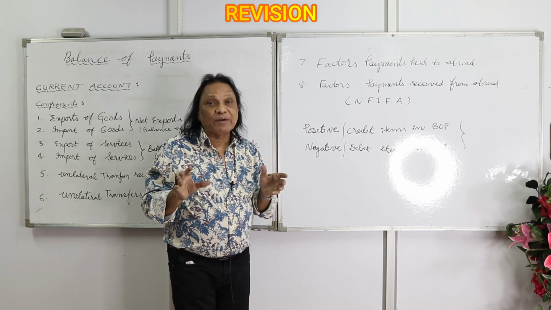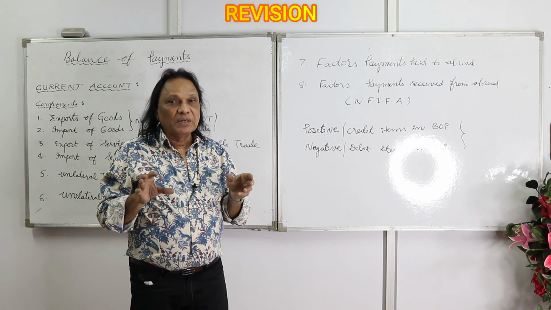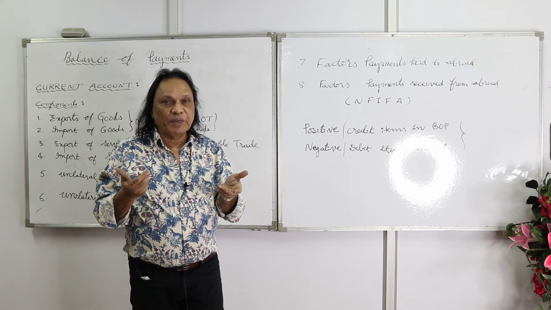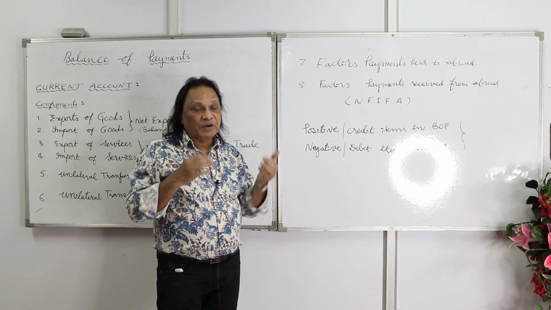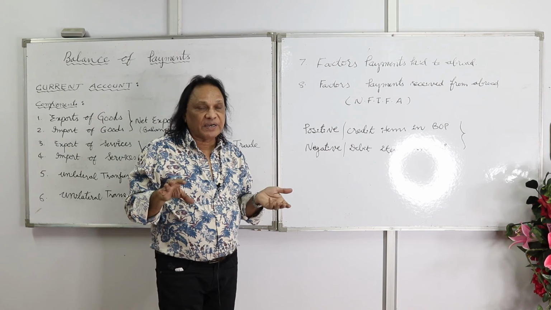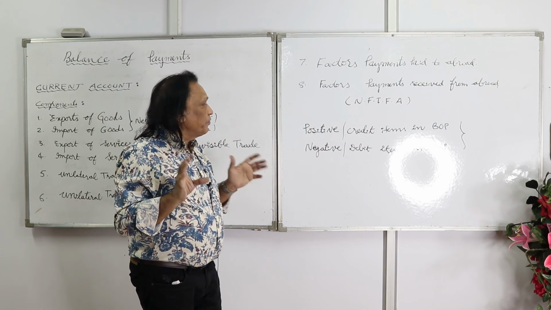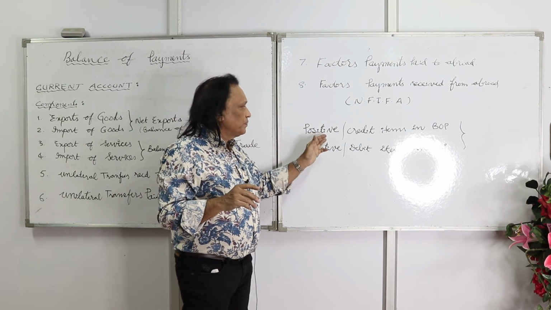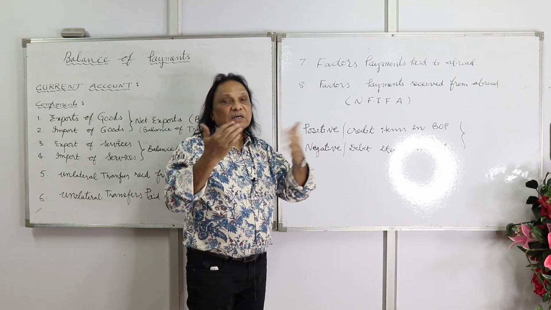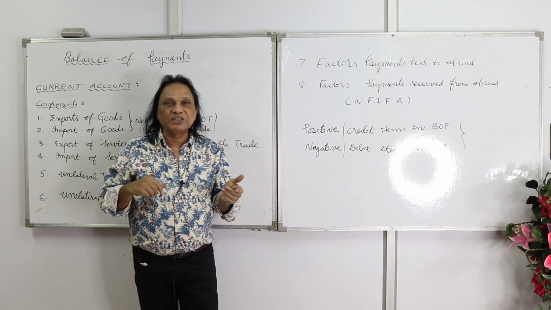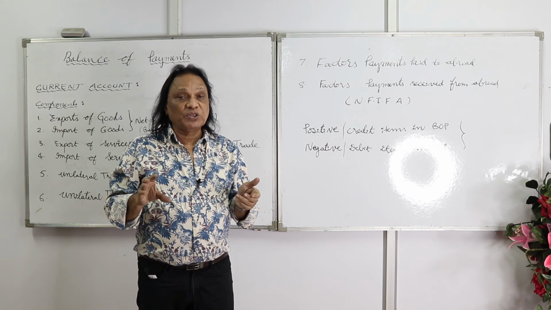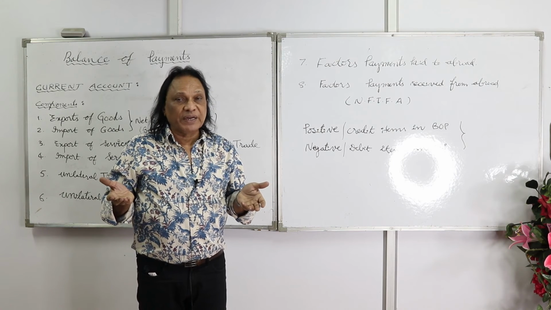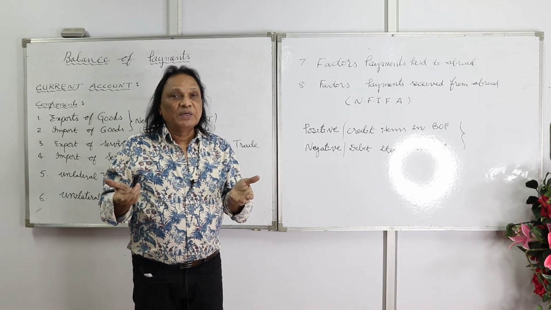One thing you have to keep in mind here, when you are preparing the balance of payments account, whenever the dollars come inside the country, whenever the foreign exchange comes inside the country, we write it as positive items or credit items, because dollars have been credited. Foreign exchange is a credit item, positive item. It's good for the country, we write it as a plus value.